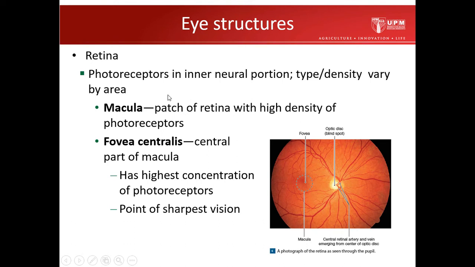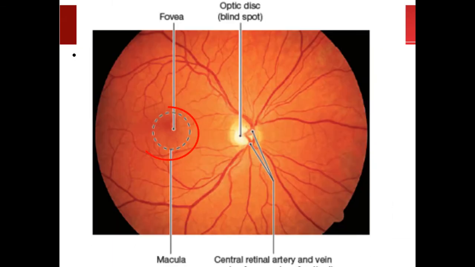The photoreceptors are located in the inner neural layer of the retina. The type and density of the receptors actually varies from one portion of the retina to another. The very highest concentration of photoreceptors occurs at the center of an area known as the macula.